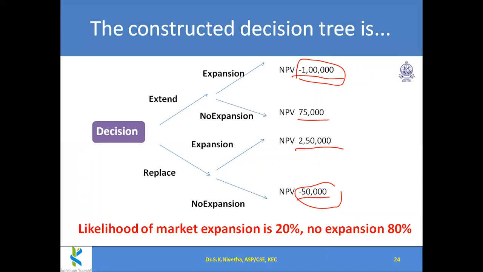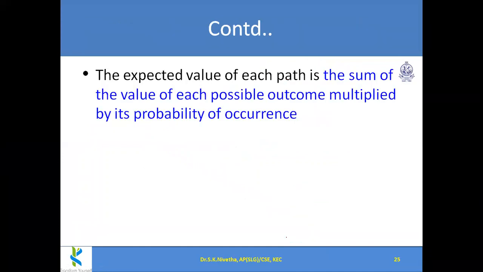So what are they doing? They are checking the likelihood of market expansion. 80% chance for no expansion. Market is coming, meaning many are using it frequently, for that only 20% chance is there.